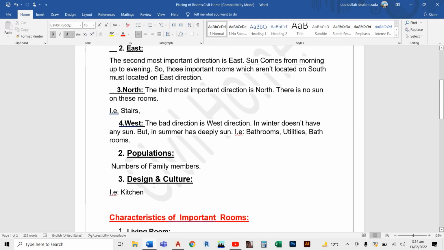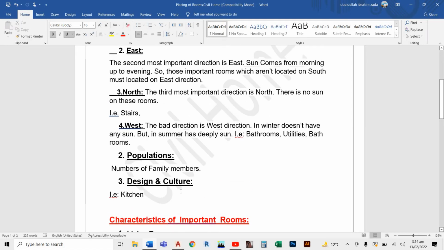And the third thing is design and culture. The design of our plan, the third thing, has a relationship with culture. What does it mean by culture? For example, if you see American or we can say Western countries, the kitchen in those countries is attached to the hall or corridor, and those are open kitchens.